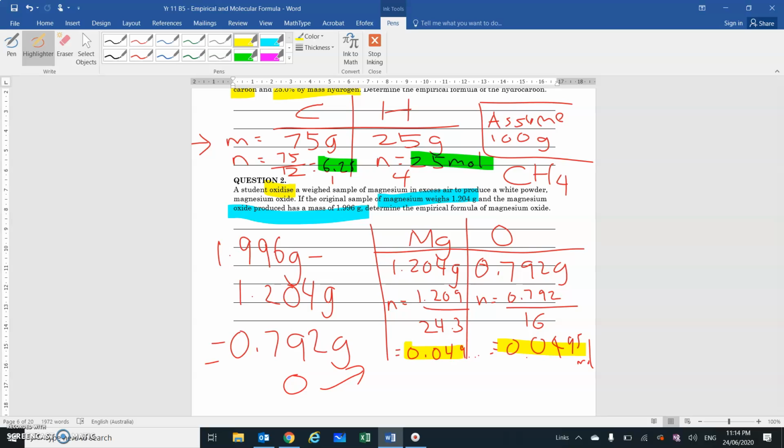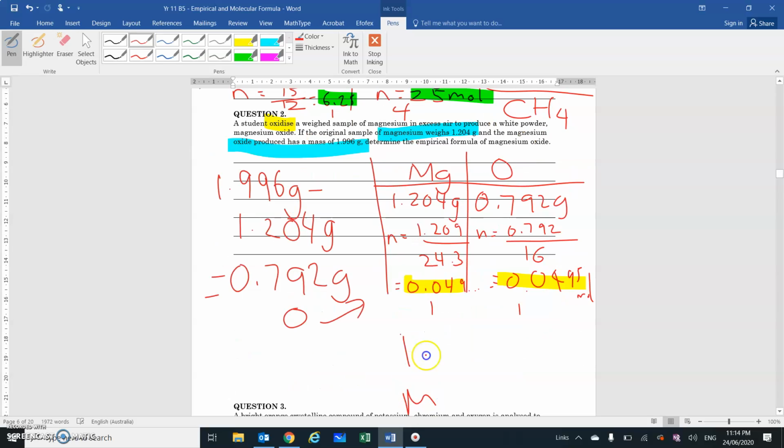Well, they're basically the same number, slightly off but pretty close. Whichever one you take and divide by each other, you get a 1-to-1 ratio. The last line tells you the ratio. So the empirical formula is Mg1O1, but as we know, we don't write the ones, so it is just MgO. That's it.